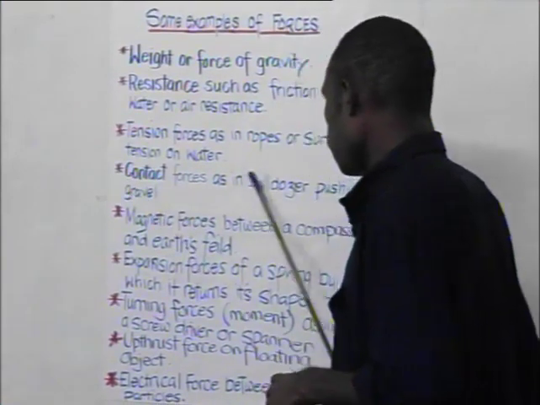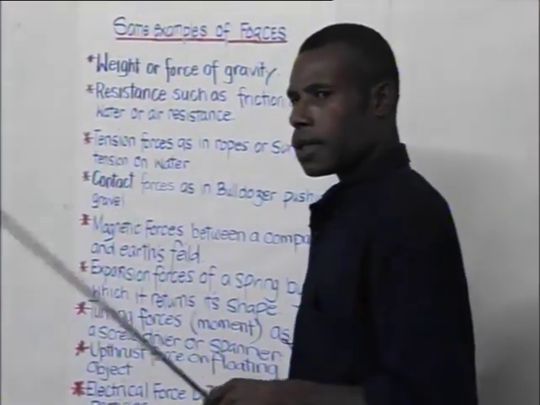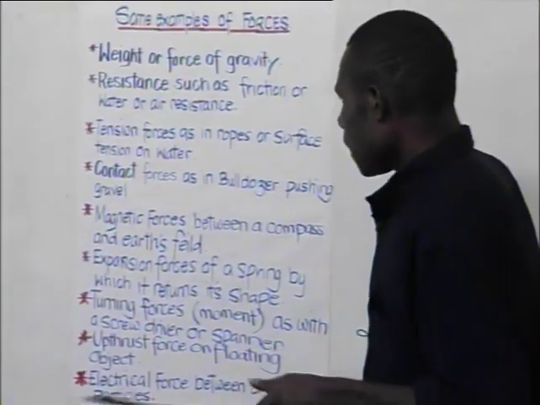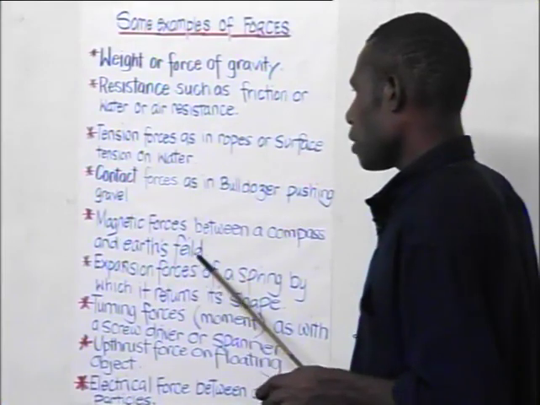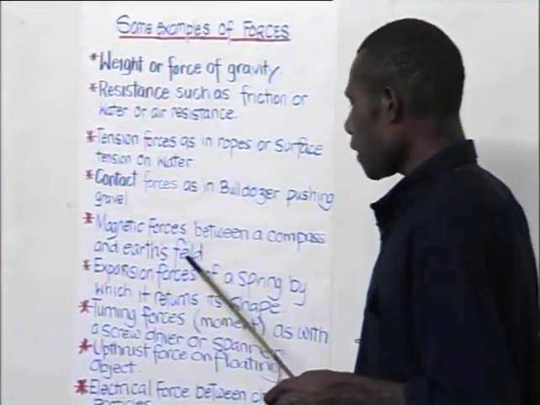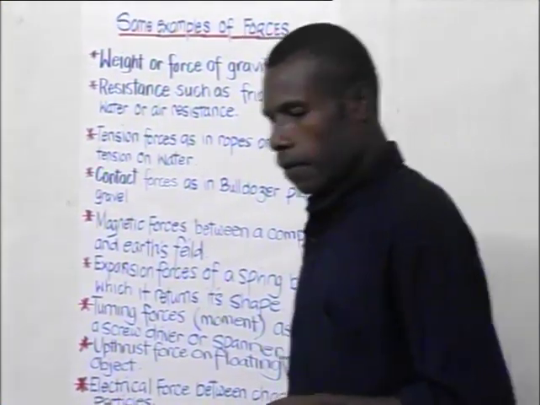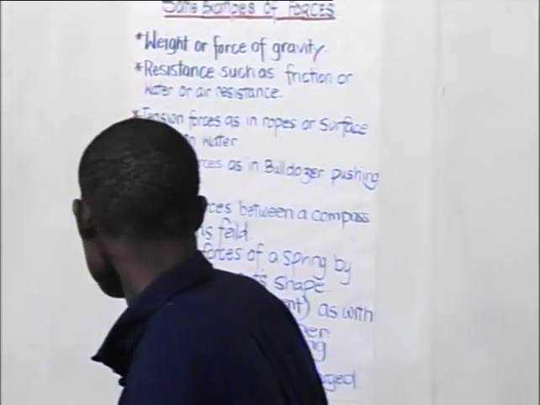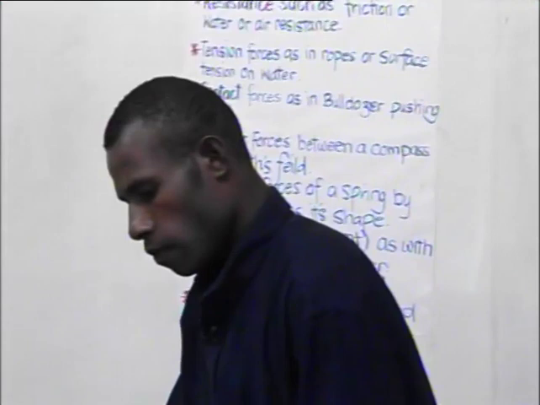Okay, you have the other force, like a bulldozer that is pushing gravel. That is a contact force. Magnetic forces between a compass needle and Earth's field should be a field force.